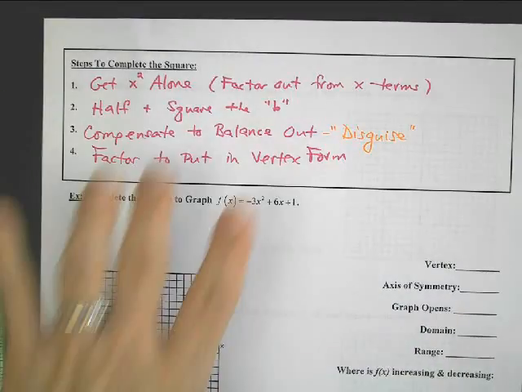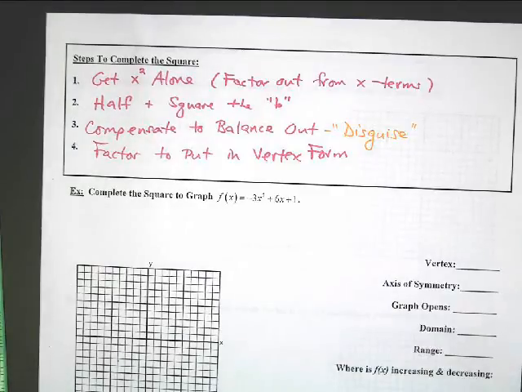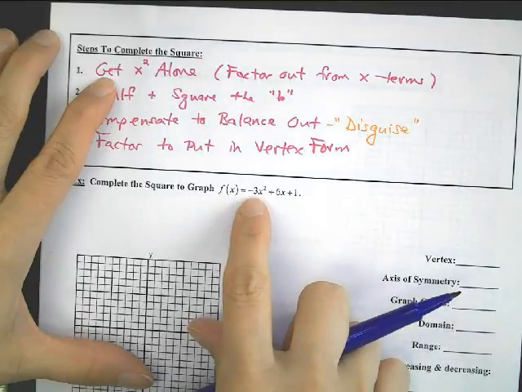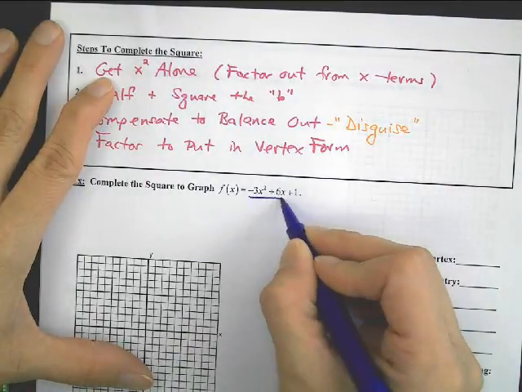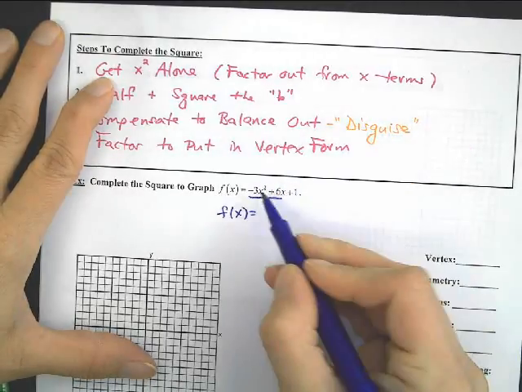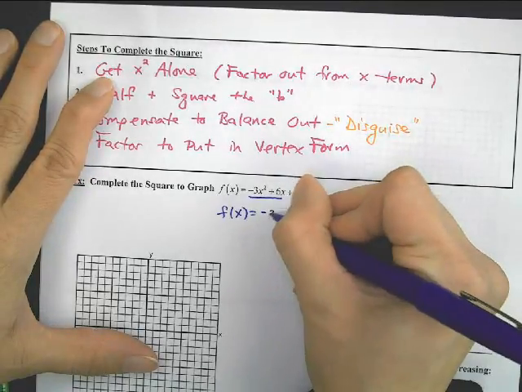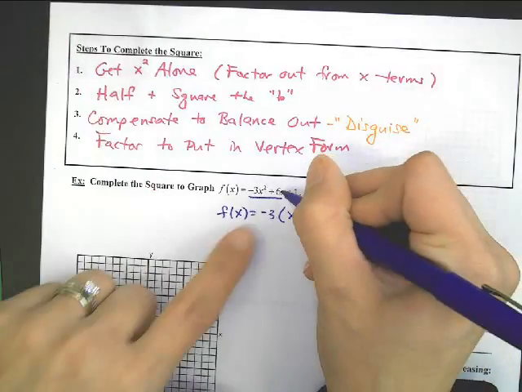We're going to do this process again by looking at the steps and helping you with it. So taking a look at this next example here, step 1, get x squared alone. It's not alone. Okay, so we're going to have to factor out from these x terms, not the 1. So let's go ahead and factor out from these two things a negative 3. So parentheses, x squared is going to be alone.